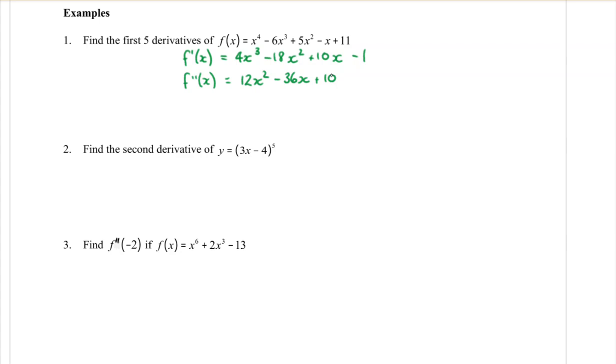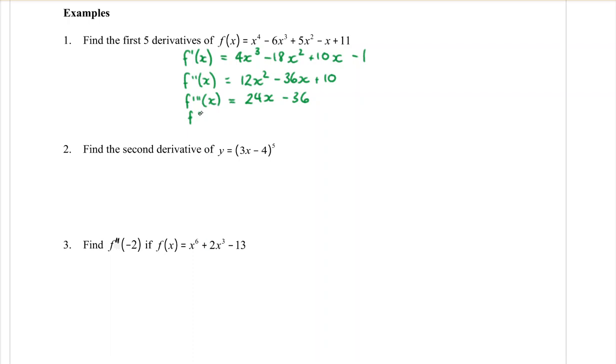So third derivative time. So 3 little dashes equals 2 times 12 makes 24x, power's gone down by 1. The minus 36x, I'll just take the minus 36, x is gone, constant's gone. The fourth derivative works in Roman numerals.